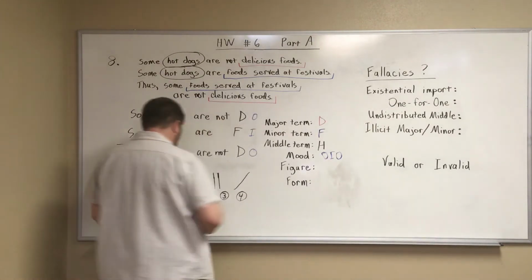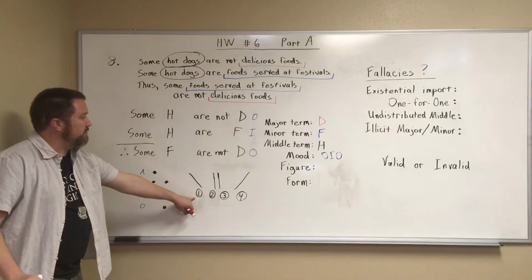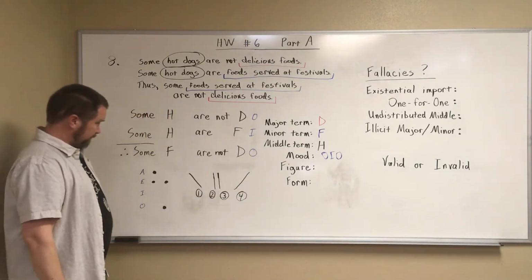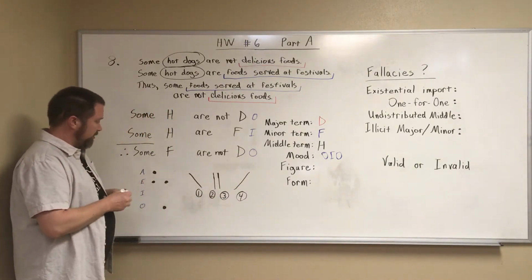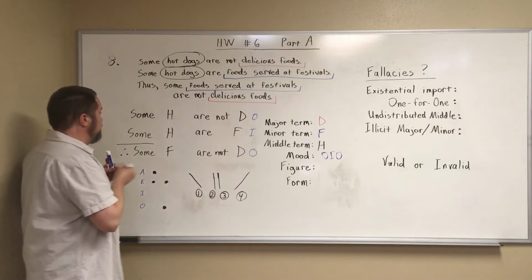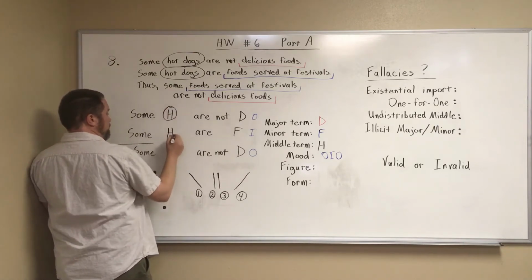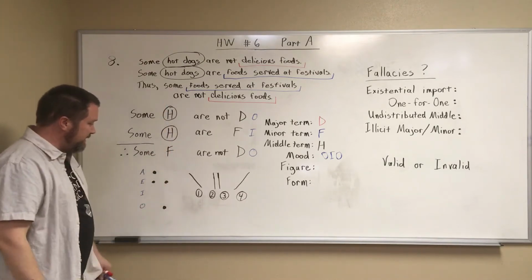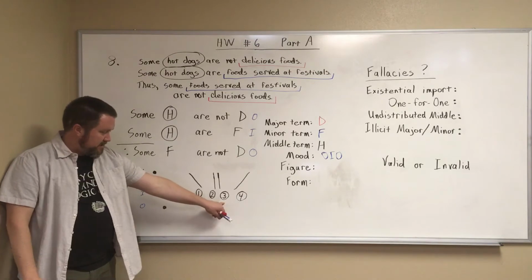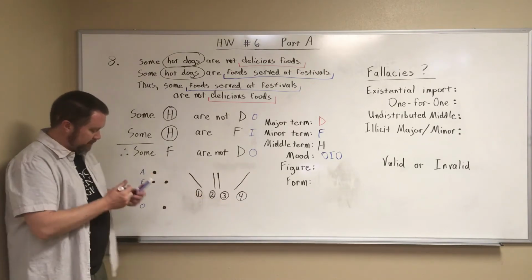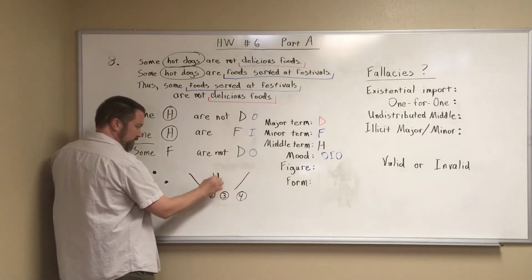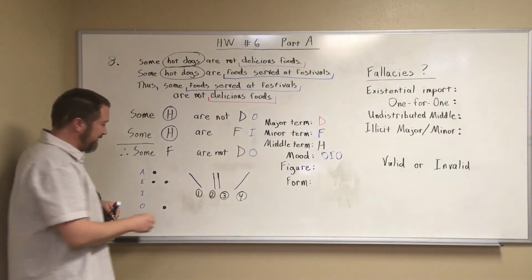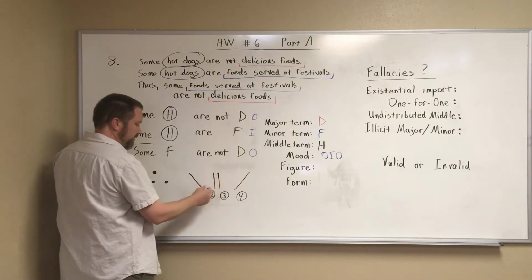For the figure, we look at this diagram down here, and we're looking at the middle terms. So let's circle the two middle terms in the two premises. The middle term is H, so those are both on the left-hand side. So it's going to be figure number 3. The reason we know that is because when you're remembering this diagram in your head, if you do it my way, these two lines are really close together.